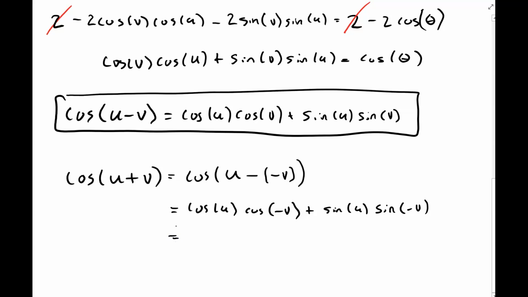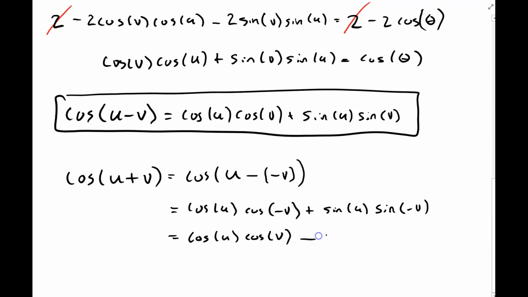And if I look at my identity sheet from last chapter, and I look at the odd-even identities, cosine of negative v is just cosine v. And sine of negative v is negative sine v.